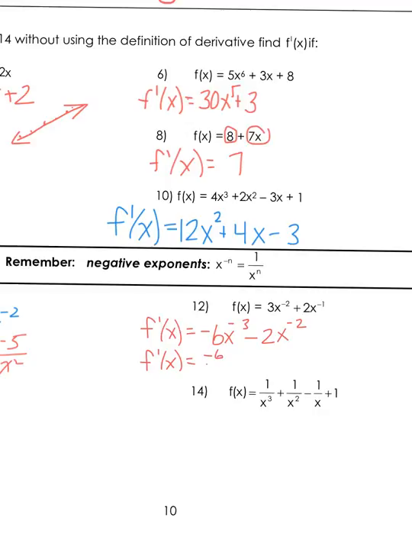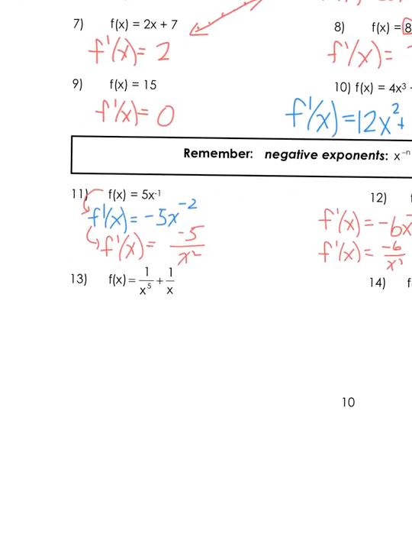Negative 6 over x cubed minus 2 over x squared. And this is just something I would say in class. There aren't explicit directions saying that, but I would have you prepared for always expressing your answer with positive exponents, which means bringing those negatives back down. Okay, 2 more.